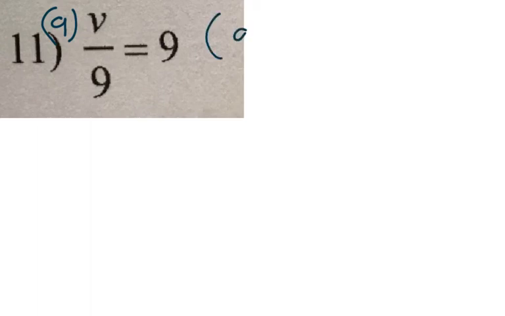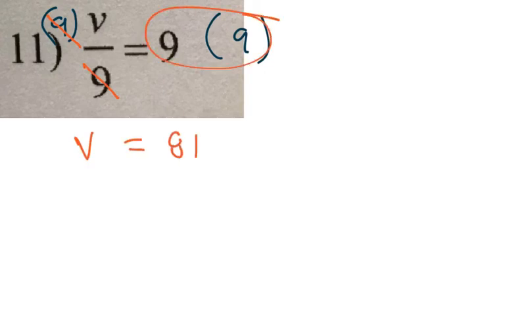And of course, I'm going to do the same thing on the right side. So both sides I times by 9. Now let's see how that works out. 9 divided by 9 is 1v equal. And 9 times 9 is 81. Don't forget you can use a calculator.